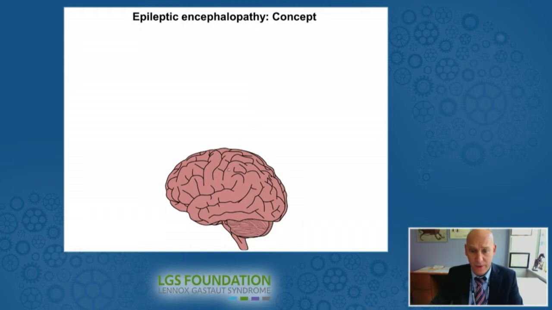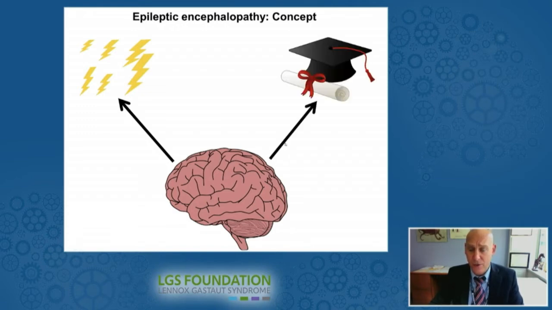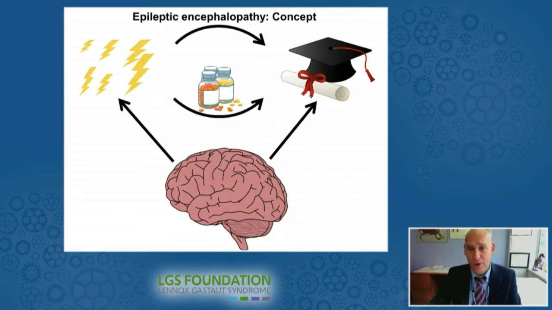Here's the brain, and the brain is injured or abnormal, resulting in seizures, and it also results in learning and developmental problems, all the way up to cognitive impairment and LGS. And then the seizures form an independent contribution, and the medications may form an additional hit or not, depending on your therapeutic success and your management.